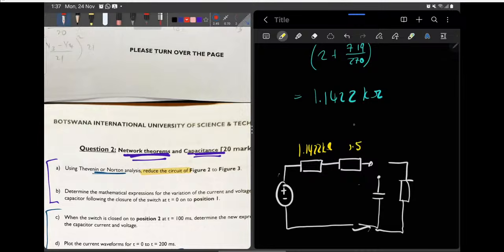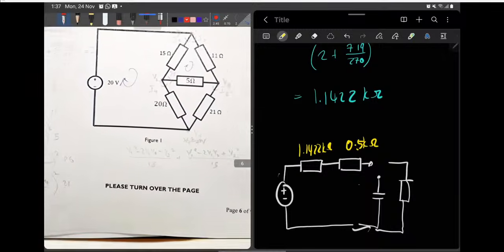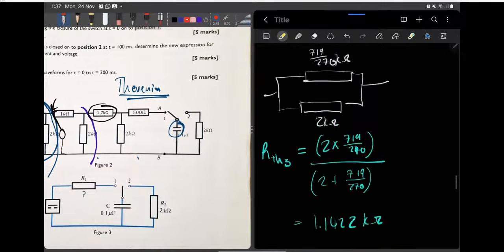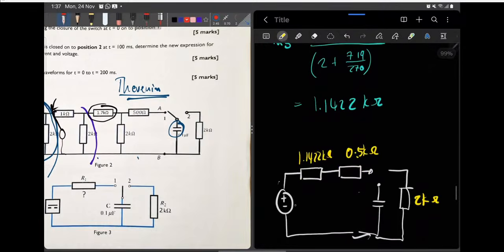We have another one which is going to be 0.5 kilo ohms. Then this is going to be it. We just have one more thing to draw: this one, 2 kilo ohms. And this is going to be 13.9793. 13.97 whatever. We can just put it as 14.0 volts. If you want, you can put 13.9793.